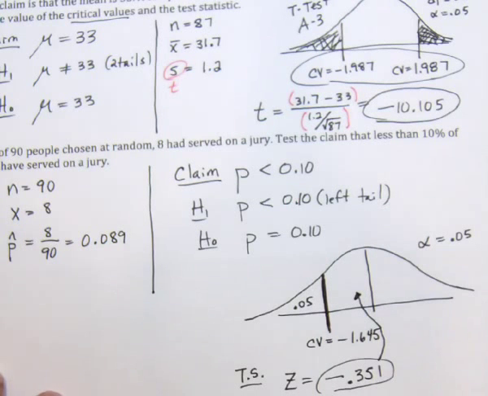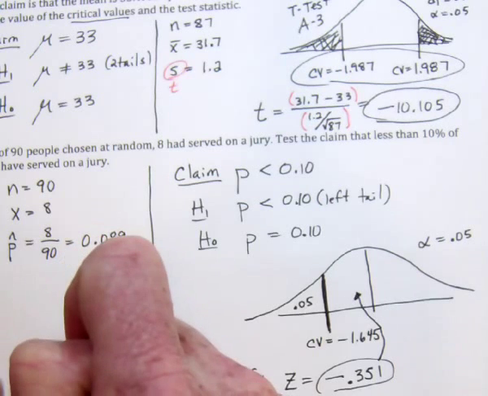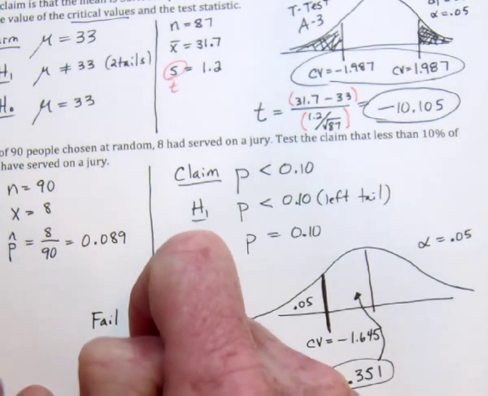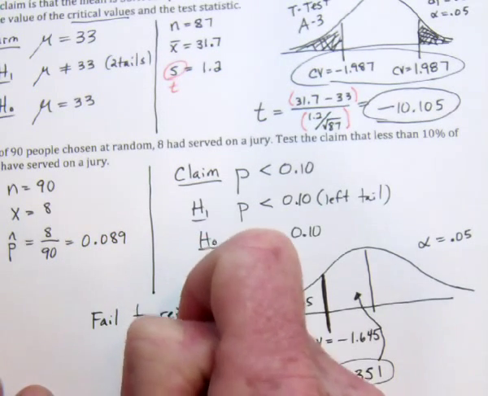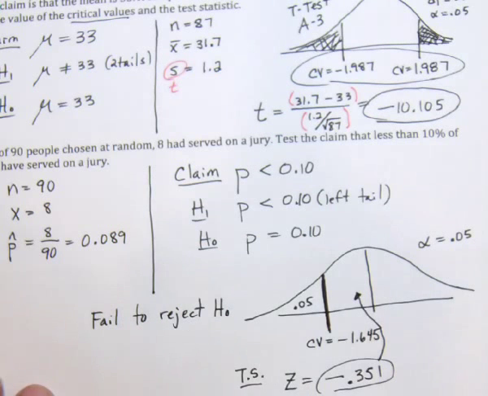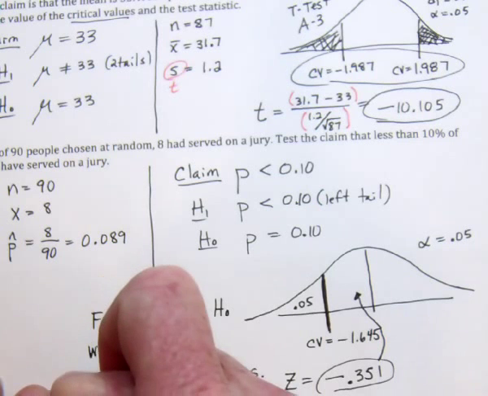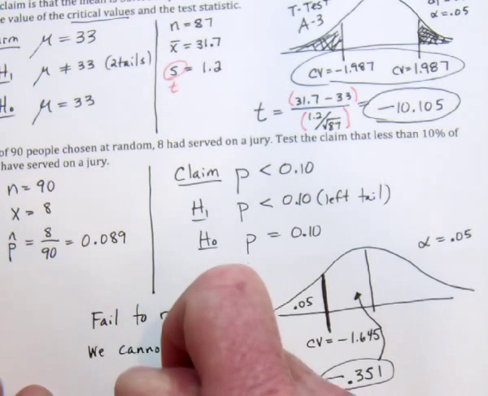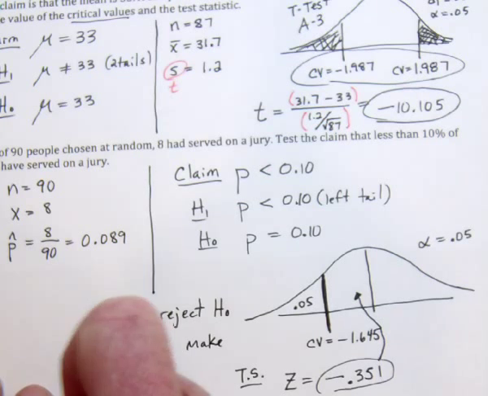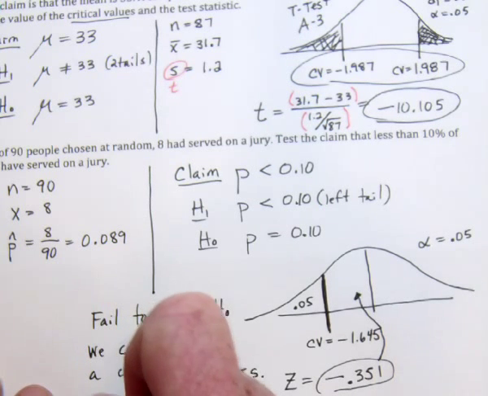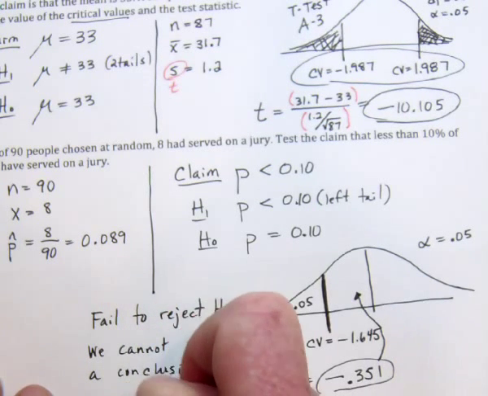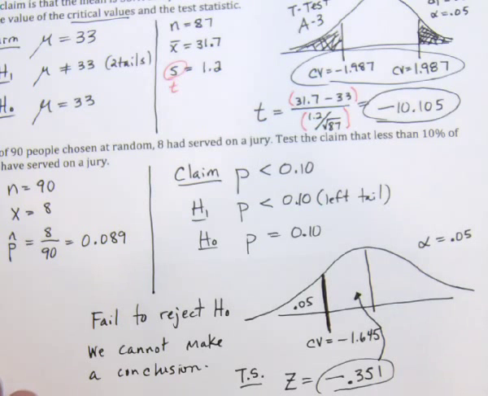So that means that we didn't actually prove anything. Formally that's called fail to reject. In other words, we did not have enough evidence to reject H sub O, or we cannot make a conclusion. So basically there's a lack of evidence to prove anything one way or the other.